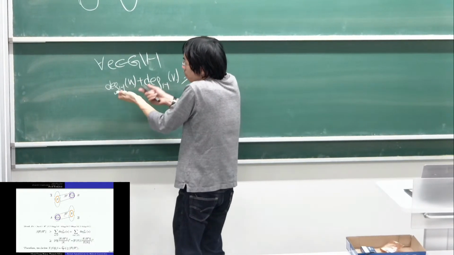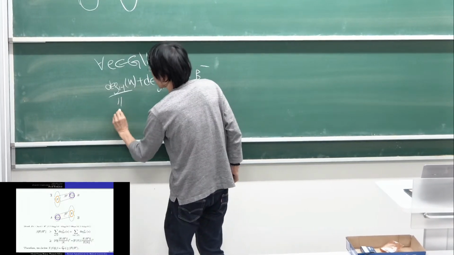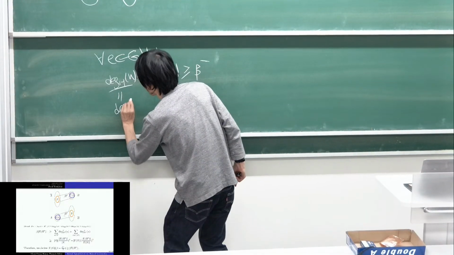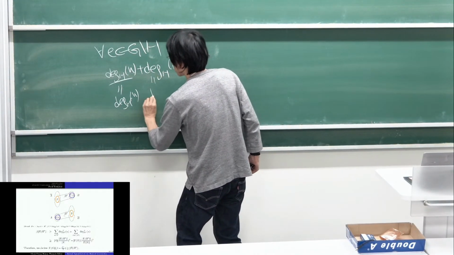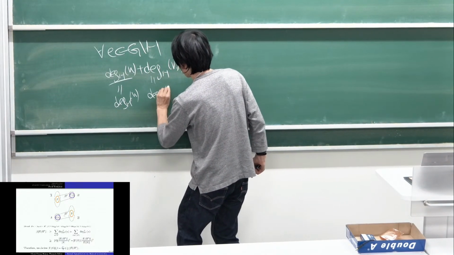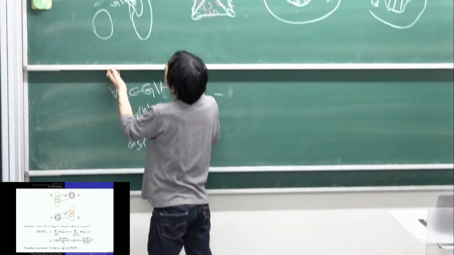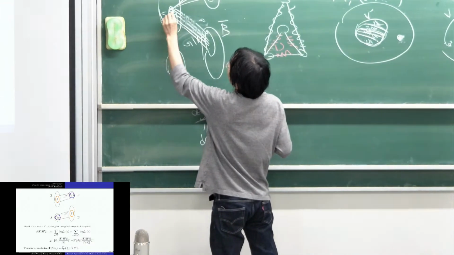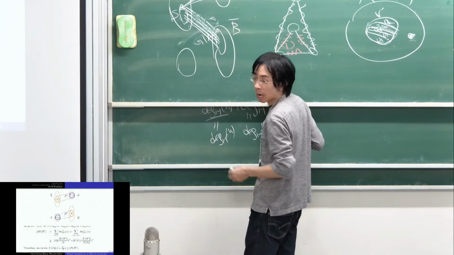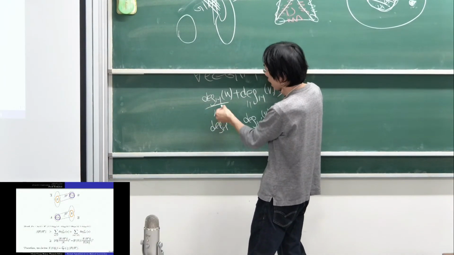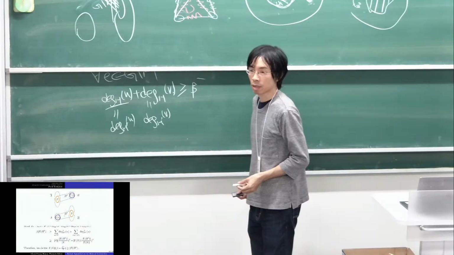Okay, and then by my construction, this is equivalent to degree in H prime of U plus degree in H prime of V. And the reason is because this is the set S, all their neighbors are part of the H prime. So these two are equivalent. Okay, yeah.